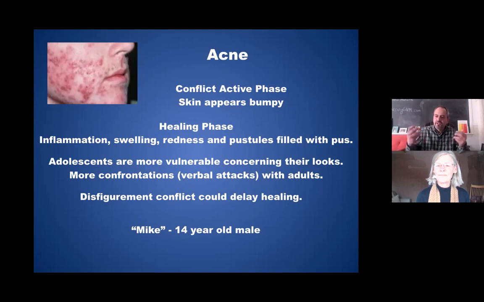Oftentimes malicious talking behind one's back is associated with this, right? And so the skin eruptions happened on the back, and then they began to erupt on the face. And then it was this disfigurement conflict that kicked in, because a lot of the other things, the verbal attacks from behind, subsided with the awareness of the true nature of the symptoms, right?